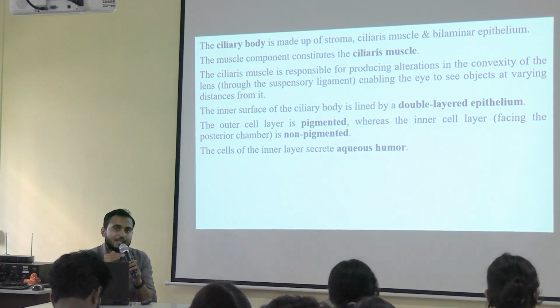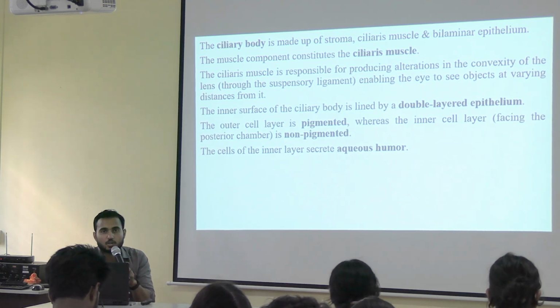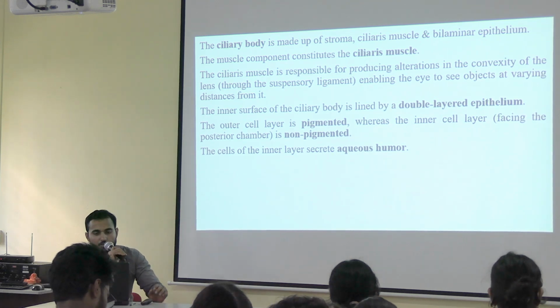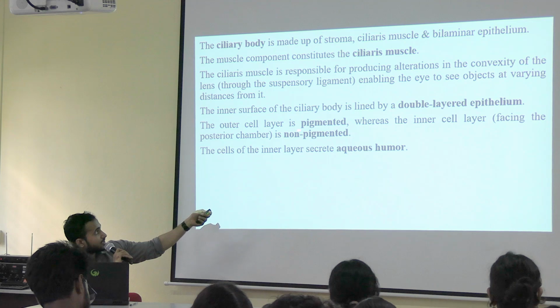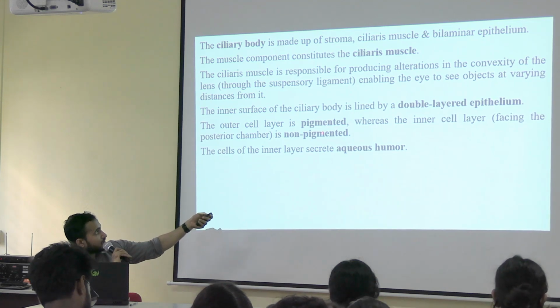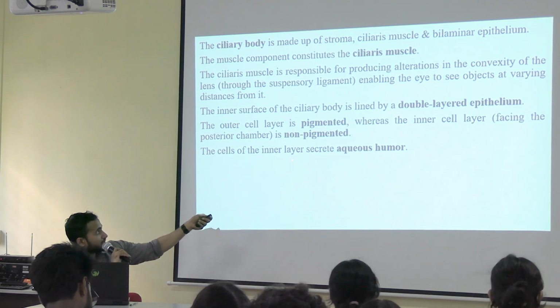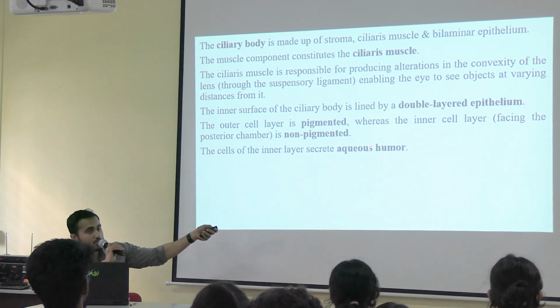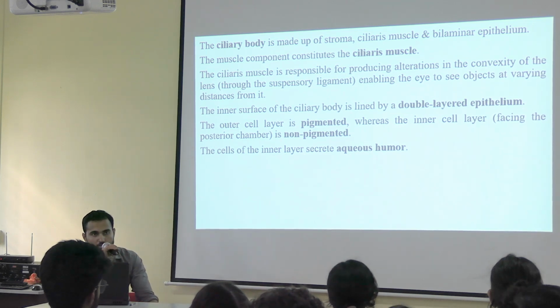One layer is pigmented, another layer is non-pigmented. The outer layer is pigmented and the inner layer is non-pigmented. The cells of the inner layer, their main function is that they produce aqueous humor.